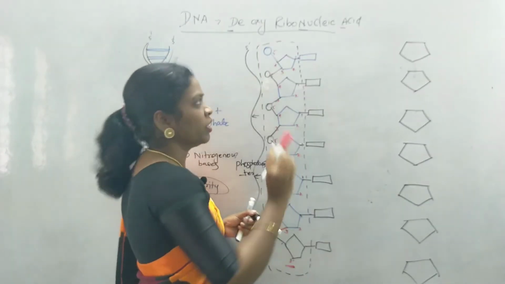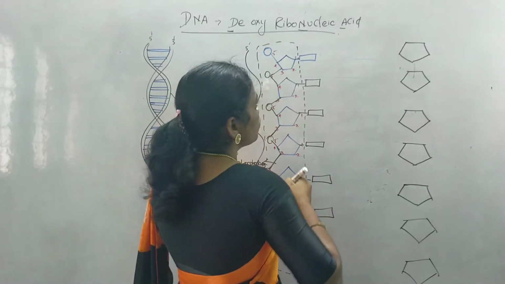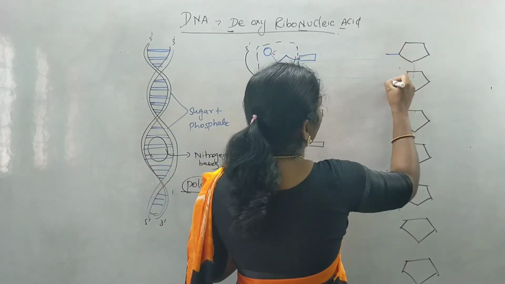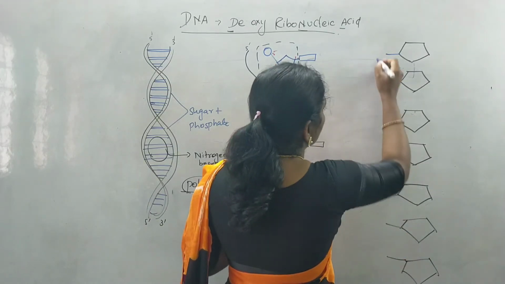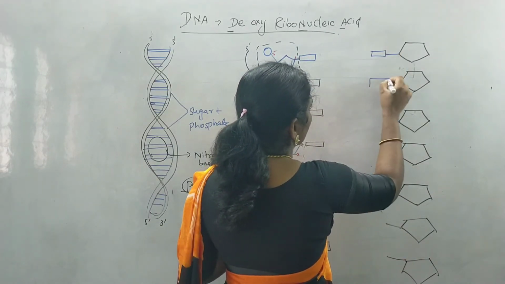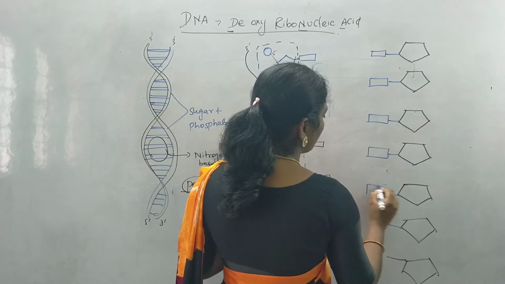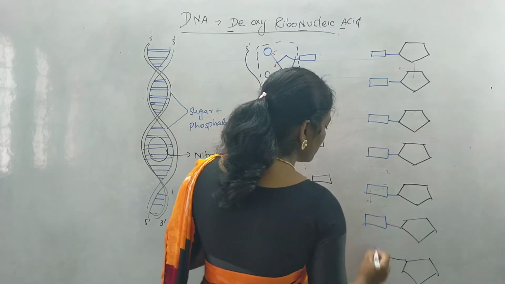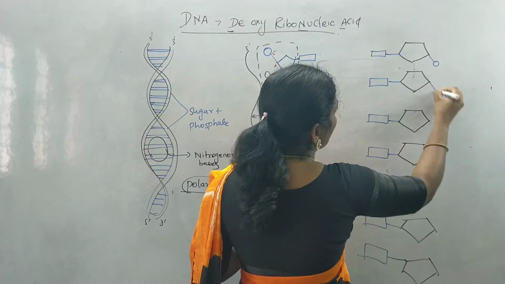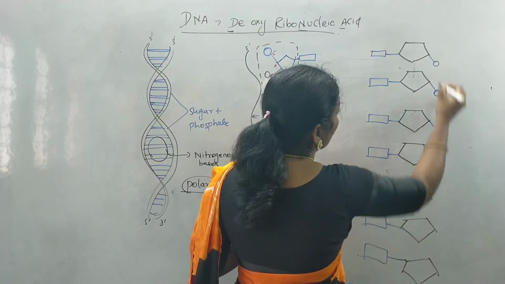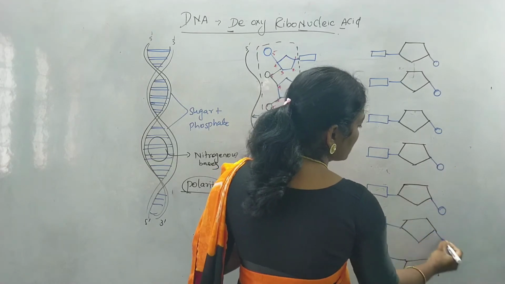Here you can find the difference in how this 5 prime and 3 prime can be marked. This one is attached to the nitrogenous bases on one side. On the other side, you can find the phosphodiester bond on the fifth carbon position. We can find the phosphate group on the fifth carbon position, so I am drawing the phosphate groups here.